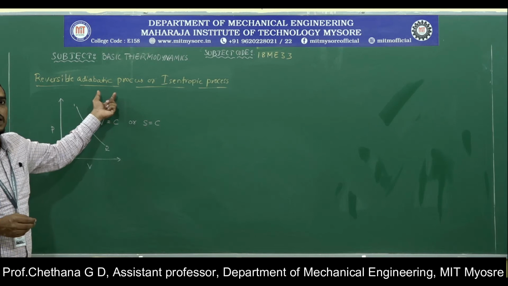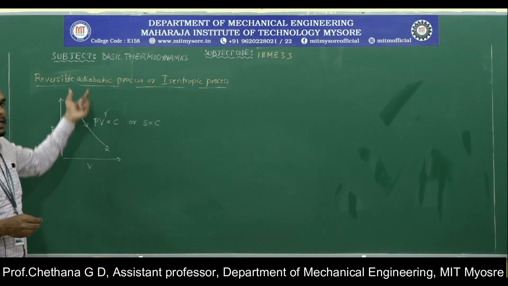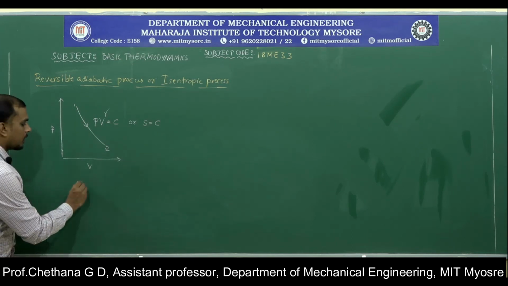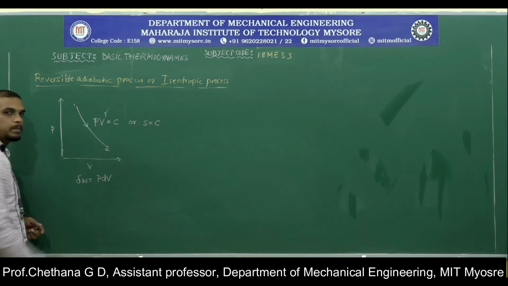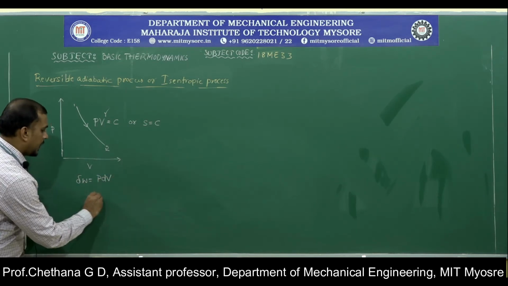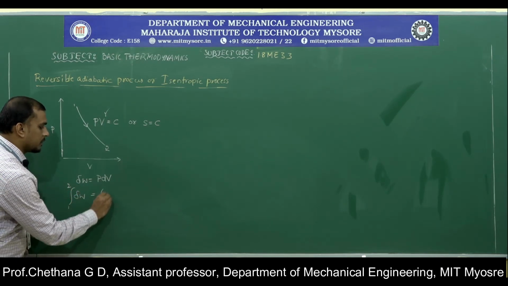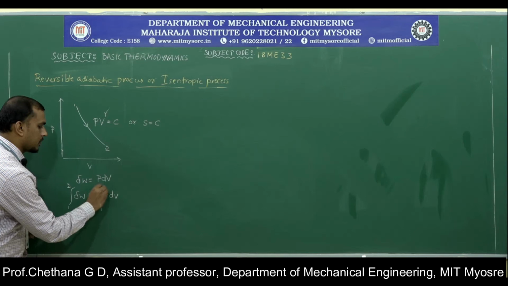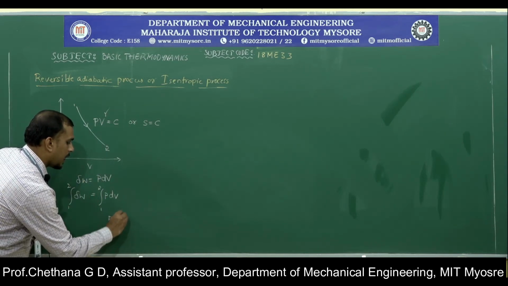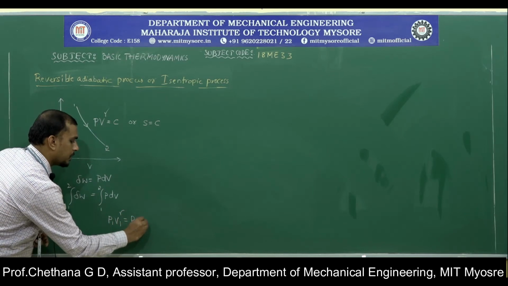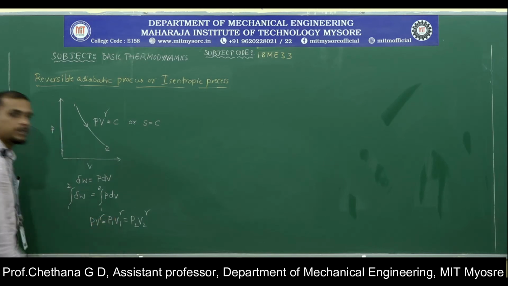Now we are interested in deriving the work transfer equation for the ideal process, that is reversible adiabatic process. Now the equation which we know for work transfer is delta W is equal to PdV. Now integrate it between the limits to get the work transfer. We know that P1 V1 power gamma is equal to P2 V2 power gamma, or it is also equal to PV power gamma.